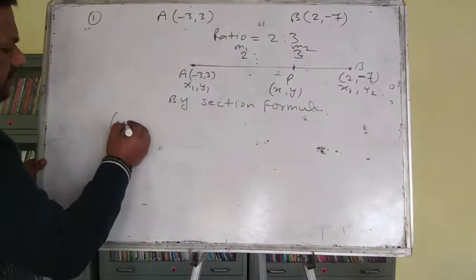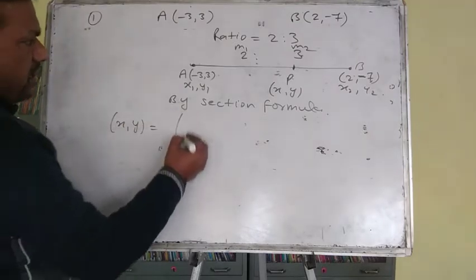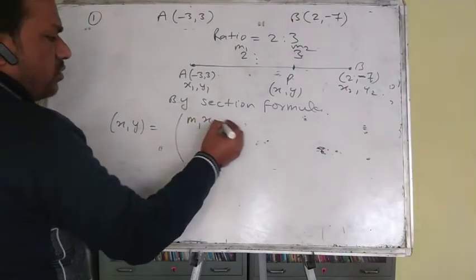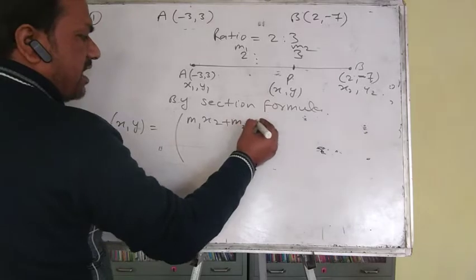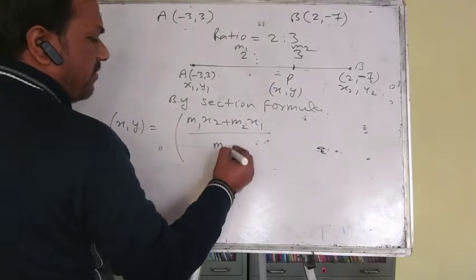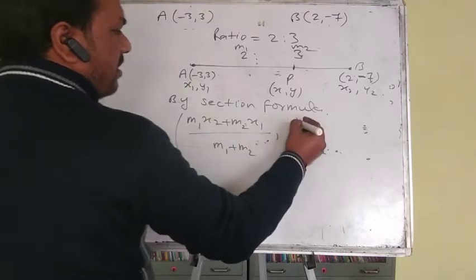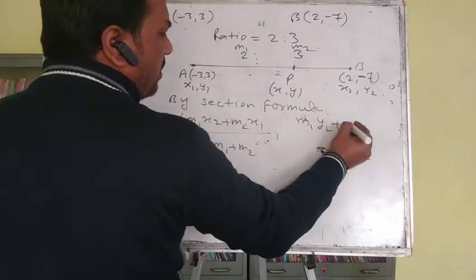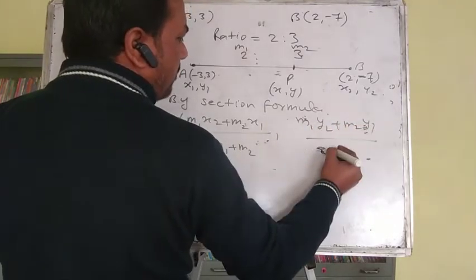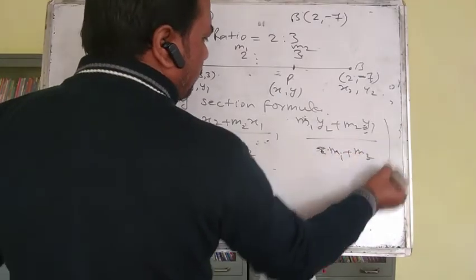So by the section formula, x comma y is equal to (m1 x2 plus m2 x1) whole upon (m1 plus m2), comma (m1 y2 plus m2 y1) whole upon (m1 plus m2).